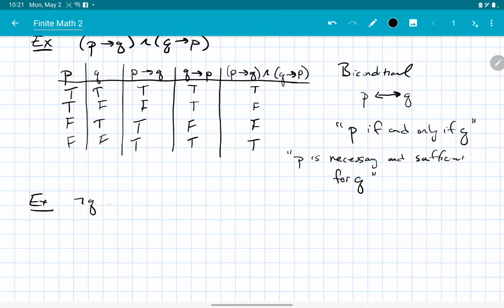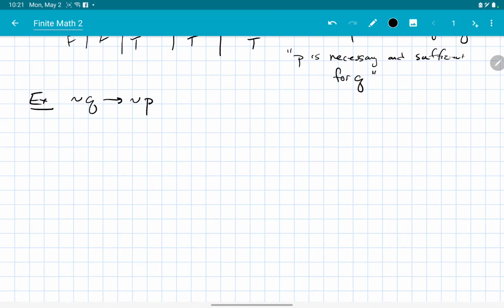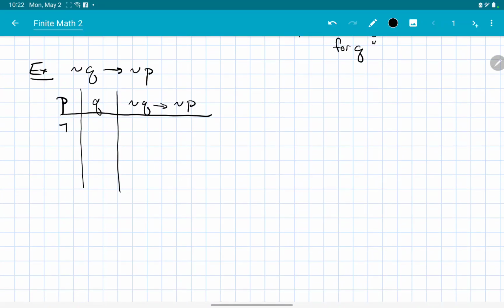Let's look at not Q implies not P. This is another implication, but instead of P implies Q, we have not Q implies not P. Okay, true, true, false, false, true, false, true, false.